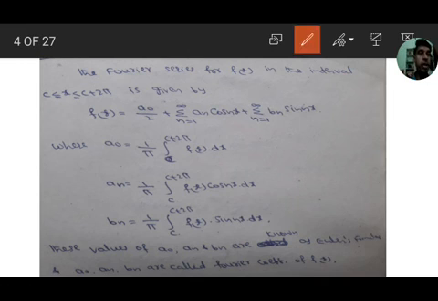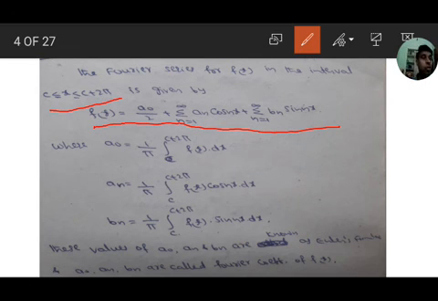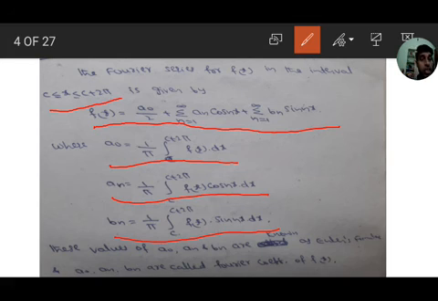The Fourier series for f of x in the interval c less than or equal to x less than or equal to c plus 2π is given by f of x equal to a naught by 2 plus sigma n equal to 1 to infinity an cos nx plus sigma n equal to 1 to infinity bn sin nx, where a naught equals 1 by π integral from c to c plus 2π of f of x dx, an equals 1 by π integral from c to c plus 2π of f of x cos nx dx, and bn equals 1 by π integral from c to c plus 2π of f of x sin nx dx.